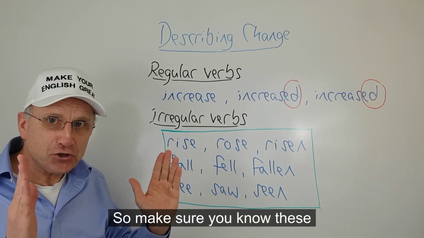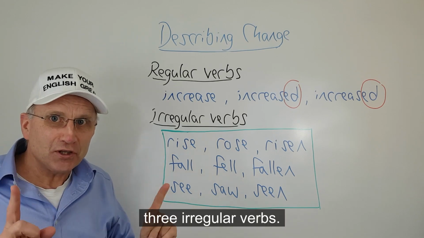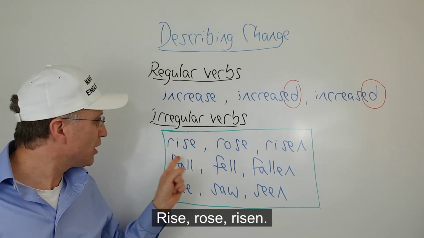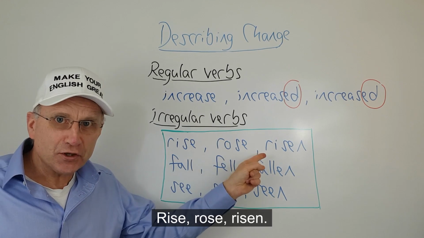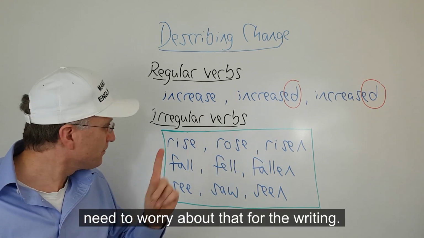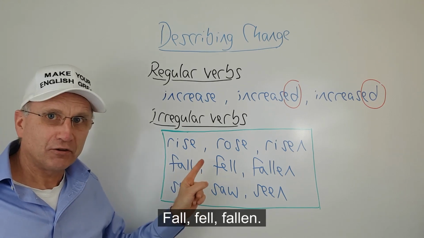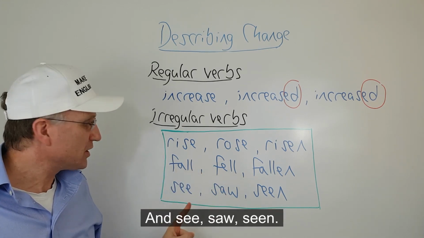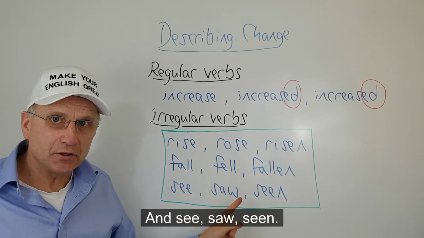So make sure you know these three irregular verbs: rise, rose, risen. Pronunciation is risen, but you don't need to worry about that for the writing. Fall, fell, fallen, and see, saw, seen.